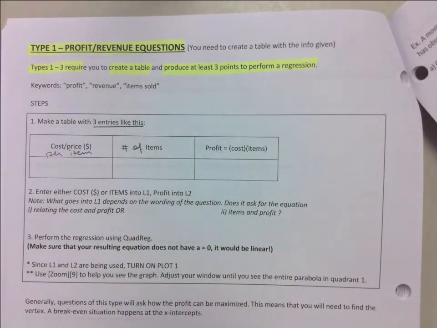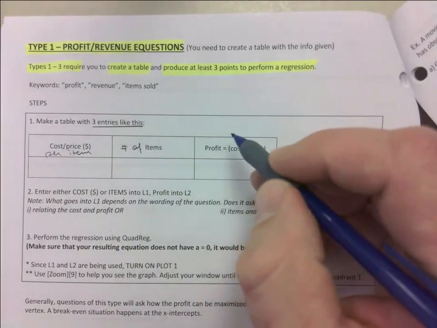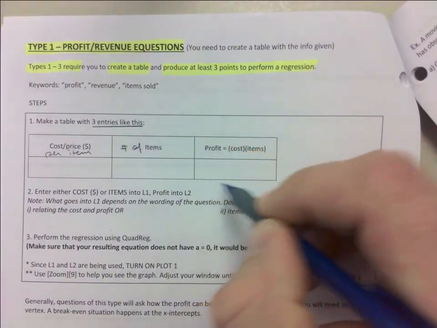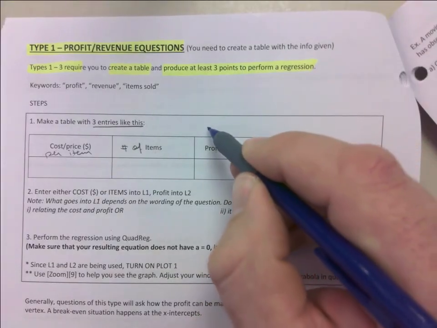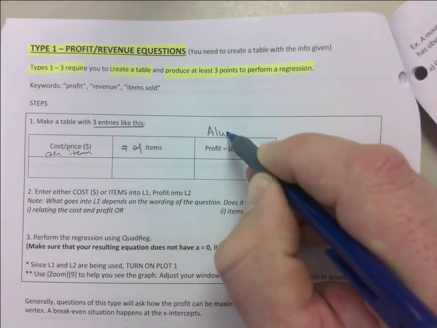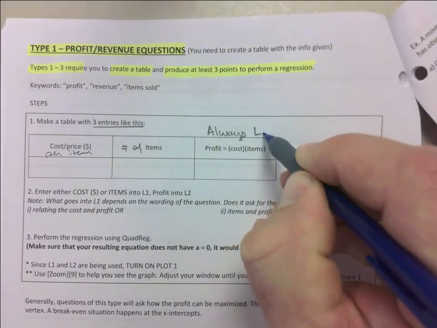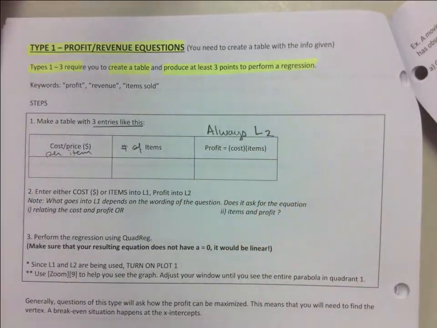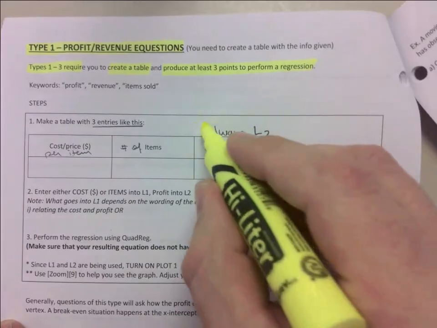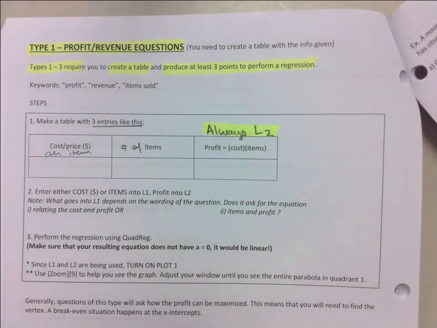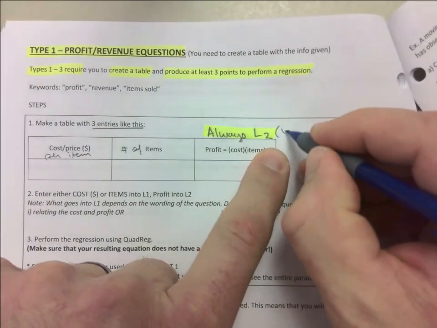One thing that you need to remember is that this one is always L2. That's not debatable. We put that into our L2, which is basically our Y variable.